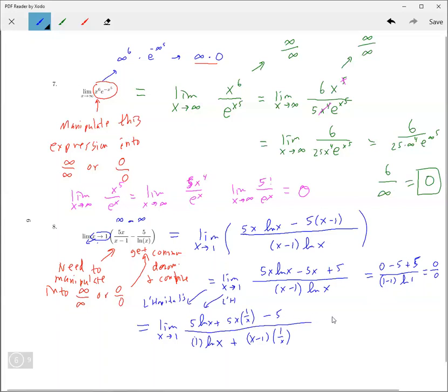Okay, let's try to simplify things. These reduce, right? And then this minus this reduces to 0. So that's all 0.